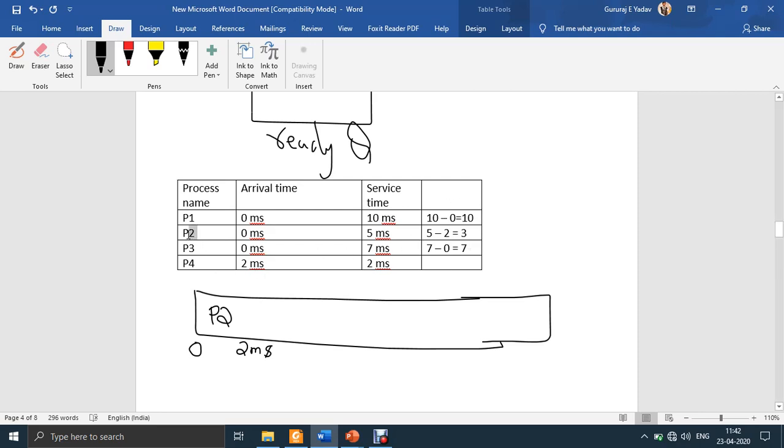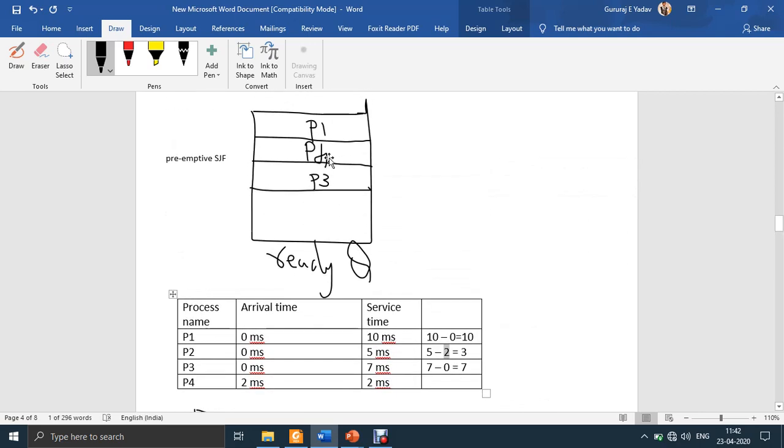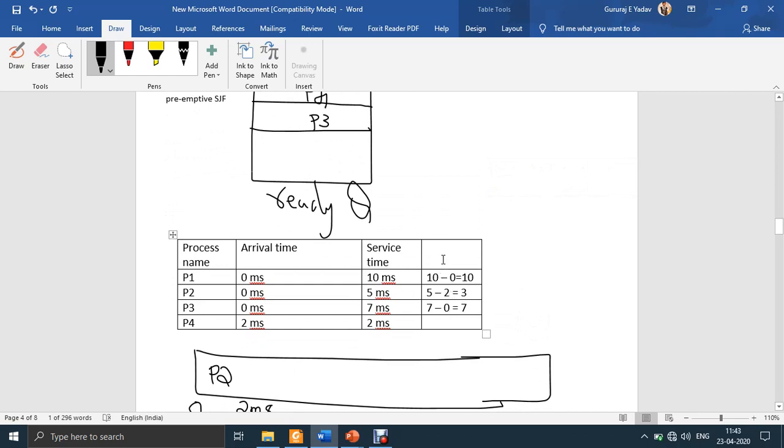You have only given the chance for P2 to execute, for 2 milliseconds. Why only 2 milliseconds? Because at 2 milliseconds a new process is entering. That is why you are calculating this at 2 milliseconds.